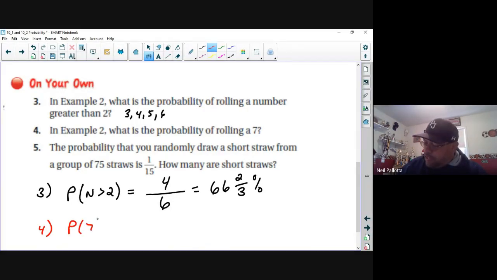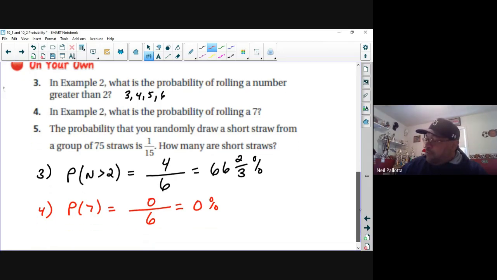Well, we would write that as the probability of 7 would be equal to what? There's still 6 possible outcomes on the number cube. How many of those outcomes are a 7? Well, that would be 0, right? There are no 7s on the 6-sided number cube. So probability of 0 out of 6 is going to be 0% for problem number 4.